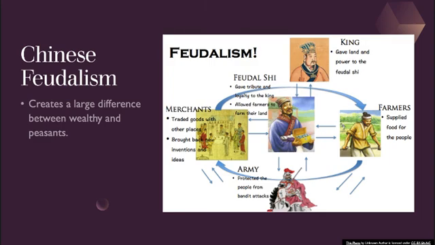So, I own the land, and all the people that work on it, I have to protect them. I provide them with military service. So I become like a samurai, or a warrior of some kind, and I protect them. All the nobles are the military people. All the peasants, they just farm. Okay?